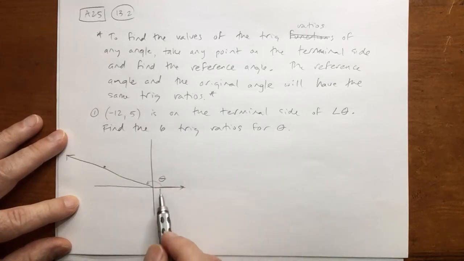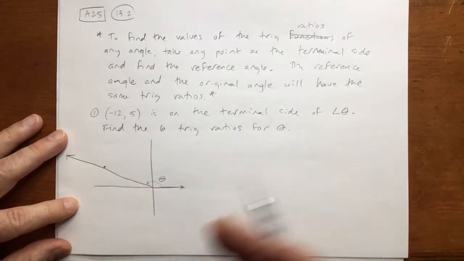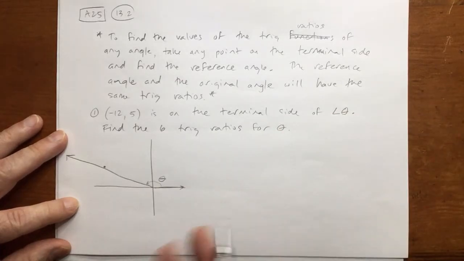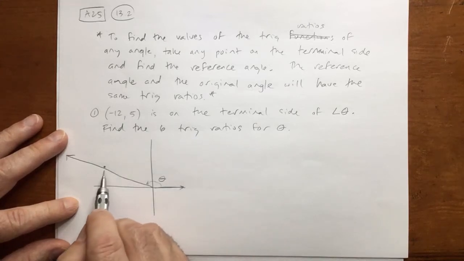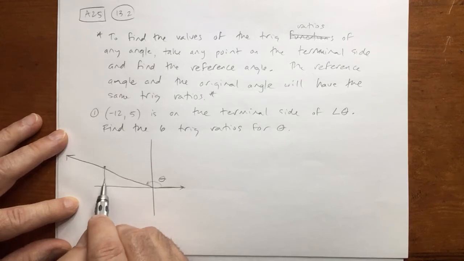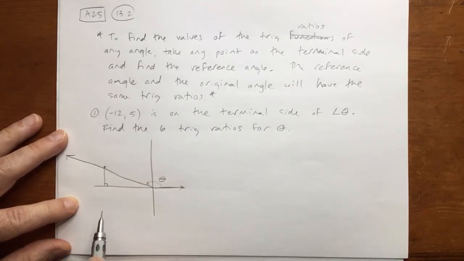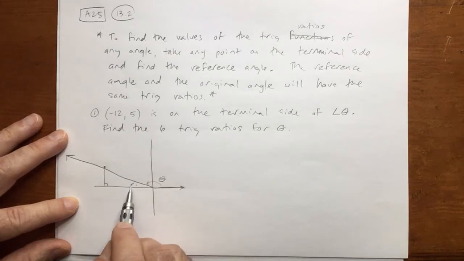Okay, well, theta has a sine of theta. There's a value for that. There's a cosine of theta, a value for that. To find those values, form this reference angle. So we drop down there, make a right angle. And I'll go ahead and call this angle right here the reference angle alpha. Looks like a little fish. Okay.